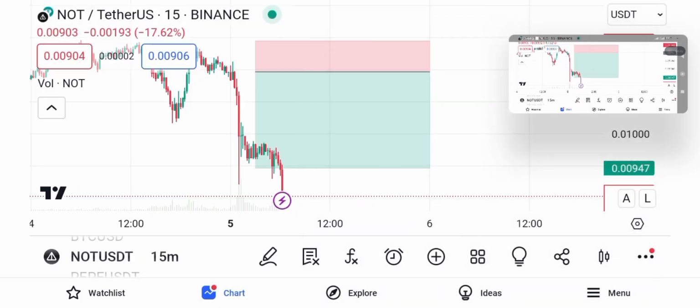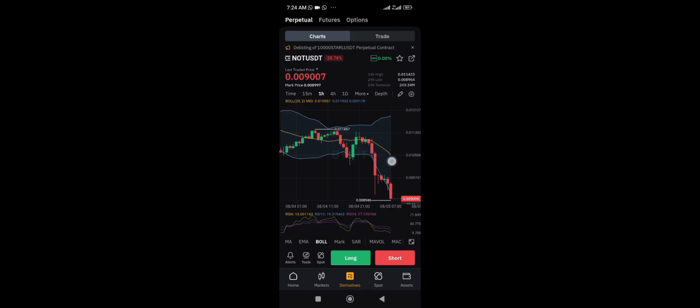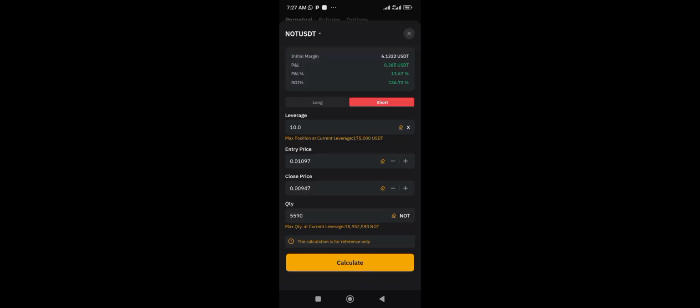Okay, let's go to Bybit. As you can see, I'm on Bybit right now. You can see the NOT USDT here is going down, going down. You can see the entry.